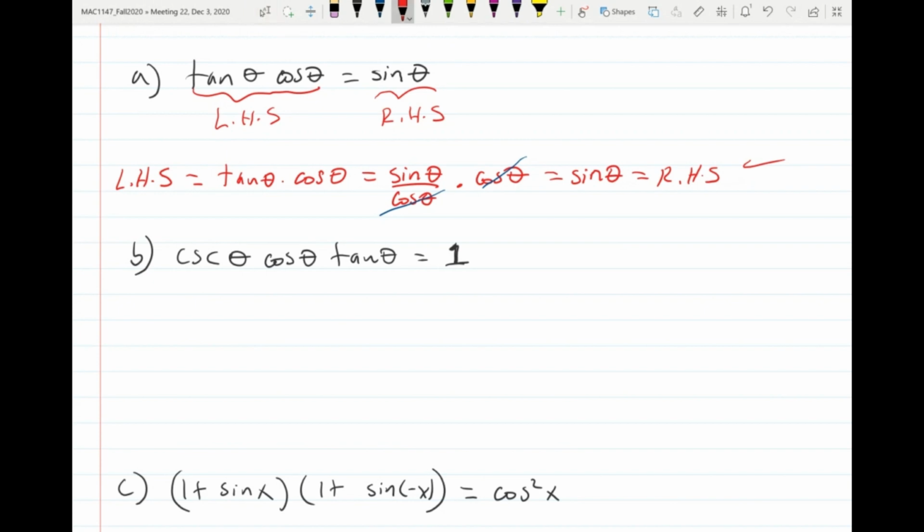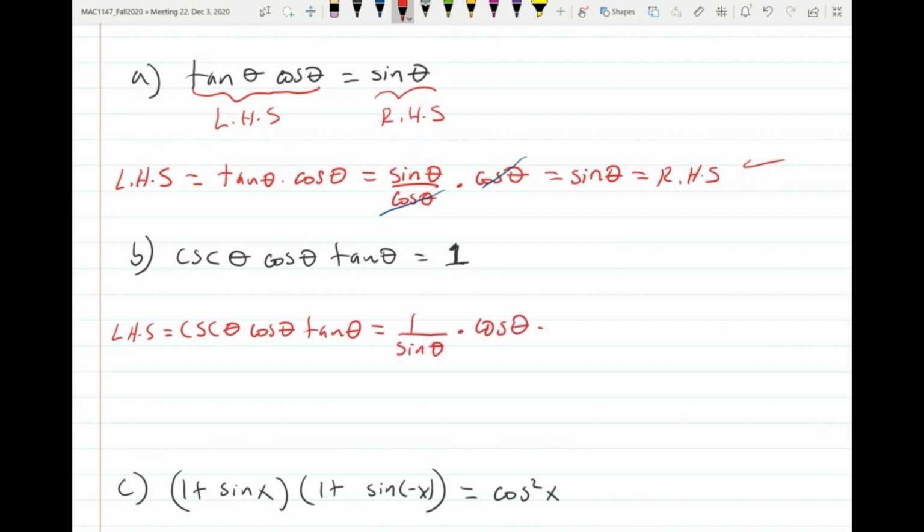So I'm going to begin with the left-hand side, which is cosecant times cosine times tangent. And then I'm going to start using identities. What do we know about cosecant? Cosecant is the same thing as 1 over sine, right? I'm going to leave cosine as it is.